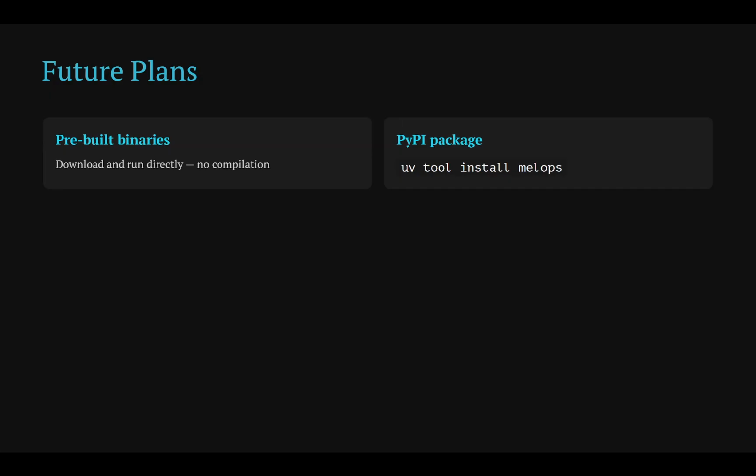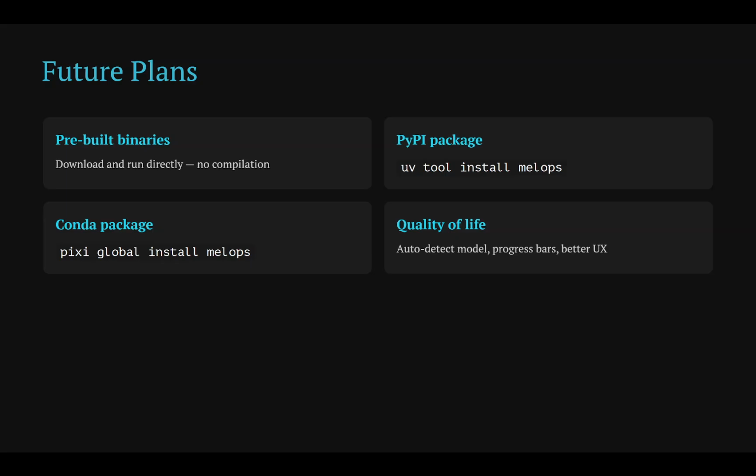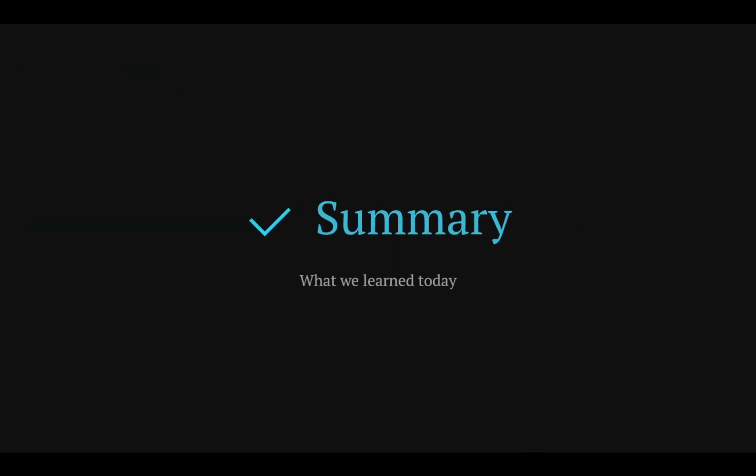PyPI makes this easier. Third, publish to conda-forge. Conda is popular in data science and education. Fourth, quality of life improvements, like auto-detect models, progress bars, and better user experience. The goal is to make ASR accessible to everyone.